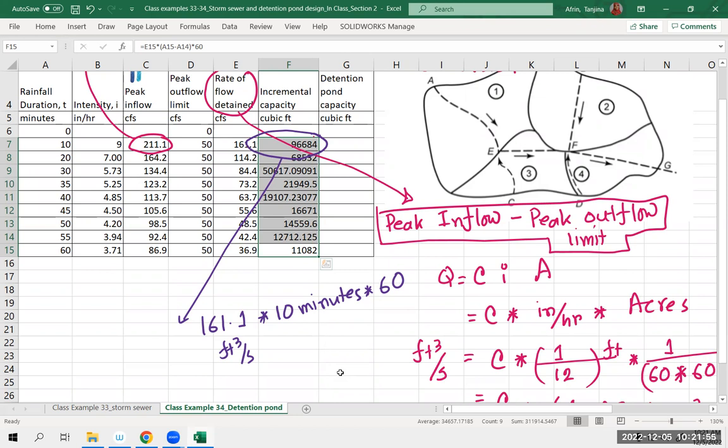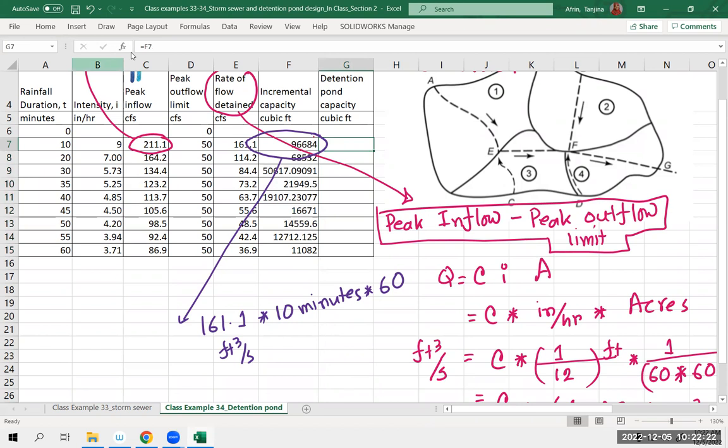If the question was, what is the capacity after 60 minutes, you can just add all of these. But if I want to know what the water volume is after every 10 minutes or so, I will just keep adding, like the cumulative flow.